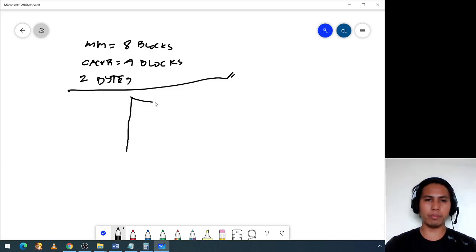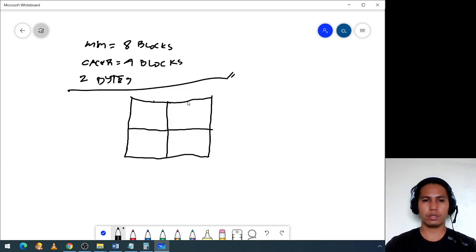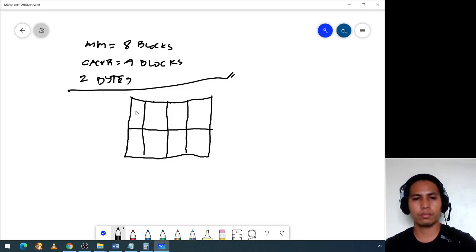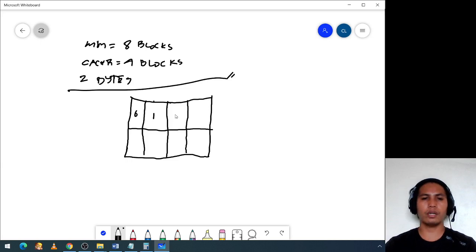Okay, so imagine this one. This is our main memory, with blocks 0, 1, 2, 3, 4, 5, 6, 7.